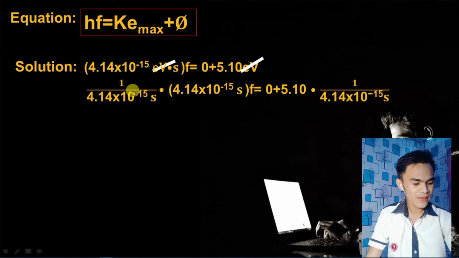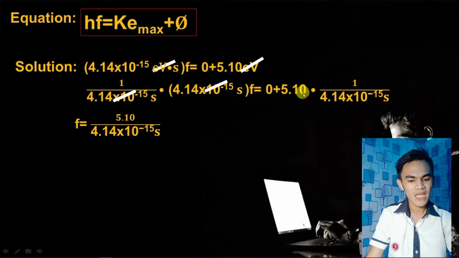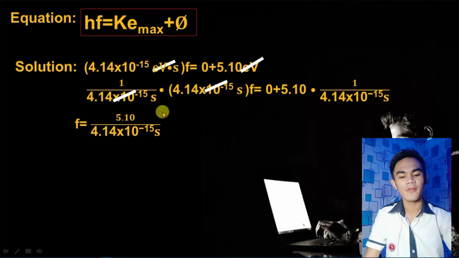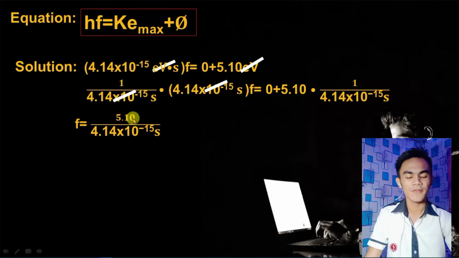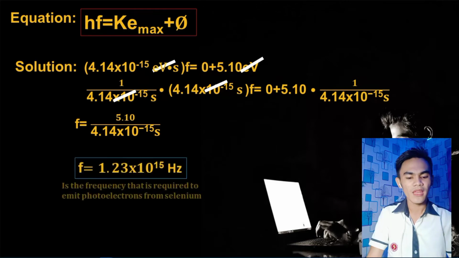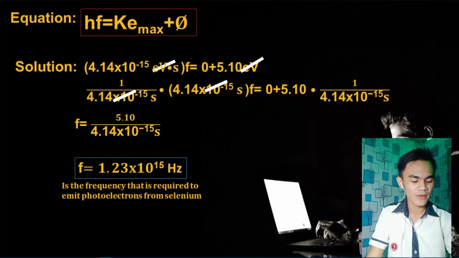Now the units cancel out, so the frequency is equal to 5.10 divided by 4.14 times 10 raised to the power of negative 15 seconds, which is equal to 1.23 times 10 raised to the power of positive 15 hertz, or 1 over second.